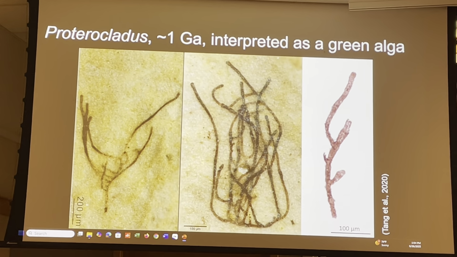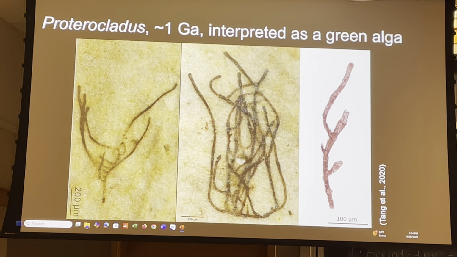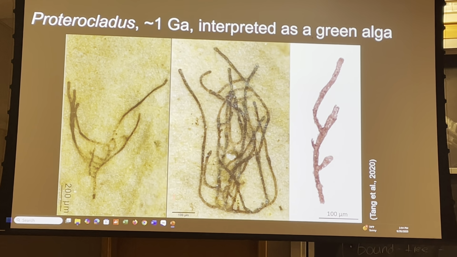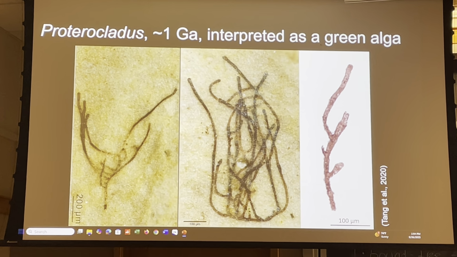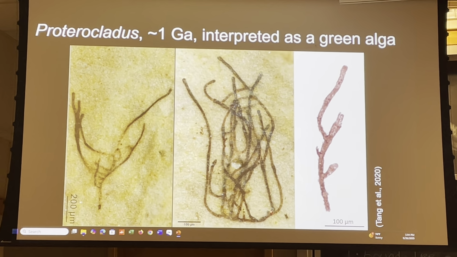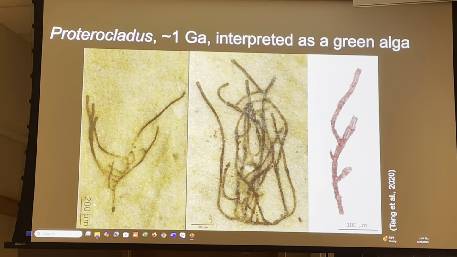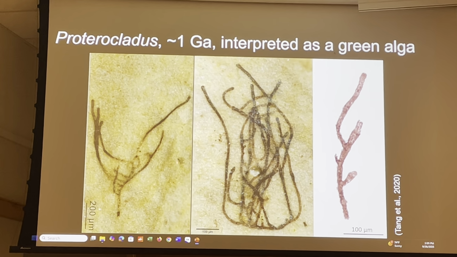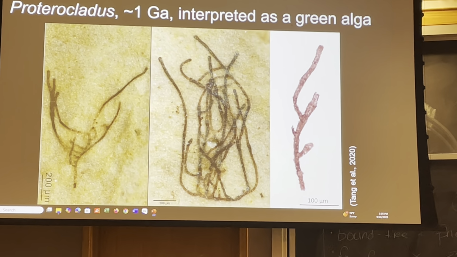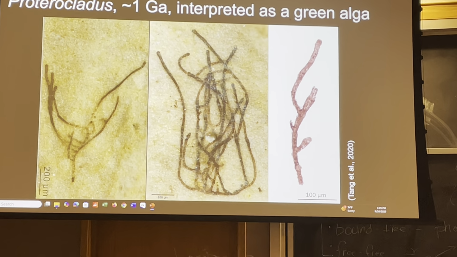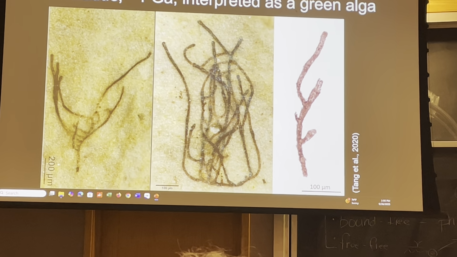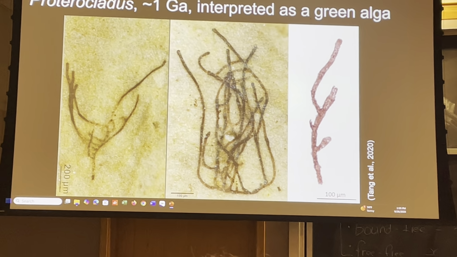So indicating that stramenopiles and the xanthophytes, or common name yellow-green algae, go back at least to 1 billion years ago. Here's another example that we published just a few years ago. This is beautiful preservation. This is a 100 micrometer scale bar, 0.1 millimeter. It shows the type of branching. So this is repeatedly branching. This is a branching thallus. This is one of the specimens that we were able to extract from the rock. These are preserved in mudstone. We just dissolve the mudstone with hydrofluoric acid.